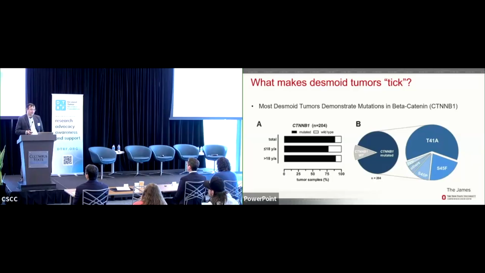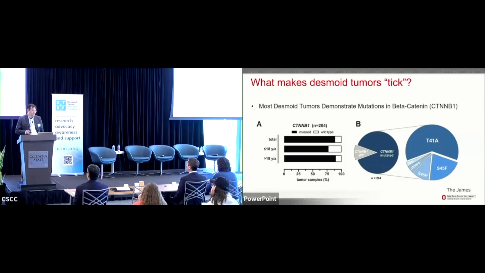And most of these are not inherited, right? The vast majority of these beta-catenin mutations will occur only within those cells. So some event happened to mutate those. You can see there's a slightly higher rate of beta-catenin mutations in patients as we get older, slightly lower in patients who are younger. If we look specifically, the most common mutations are given certain names.